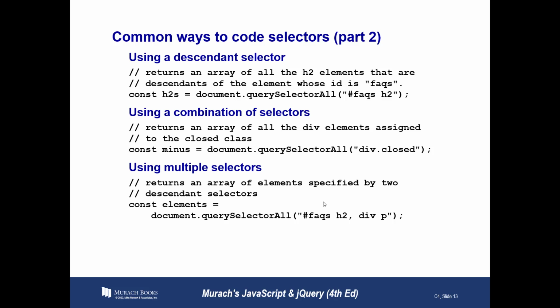The next one says return an array of all div elements assigned to the class closed. And the third one says, give me all of what we just basically looked at. In other words, show me both H2s inside of ID FAQS and all paragraphs in a div.